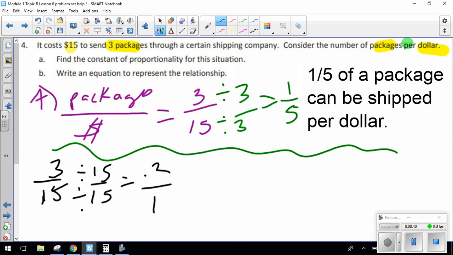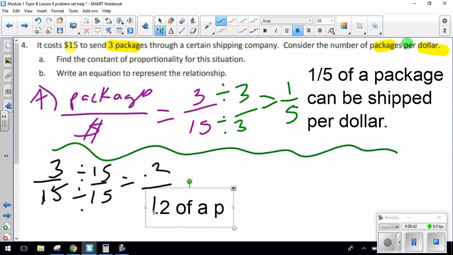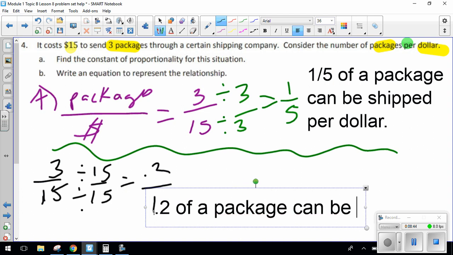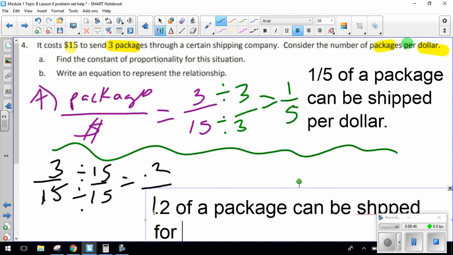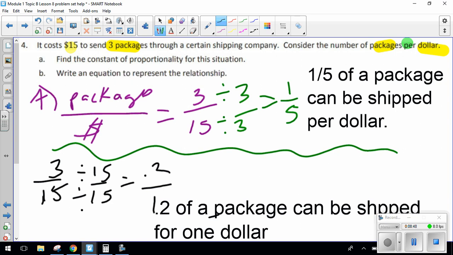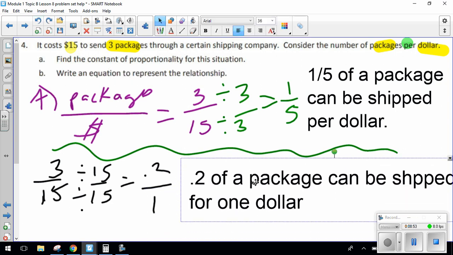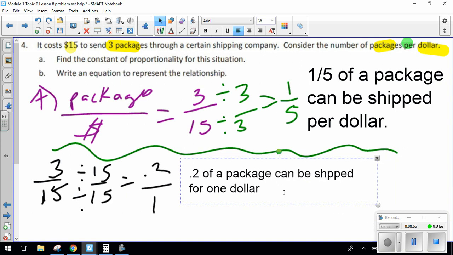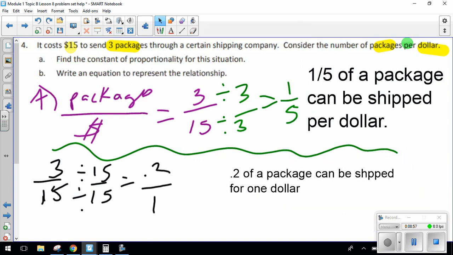And what does that mean? It means 2/10 of a package can be shipped for $1. Okay, and again, both of these solutions are saying exactly the same thing. One answer is as a fraction, one is as a decimal. You decide what you like better.